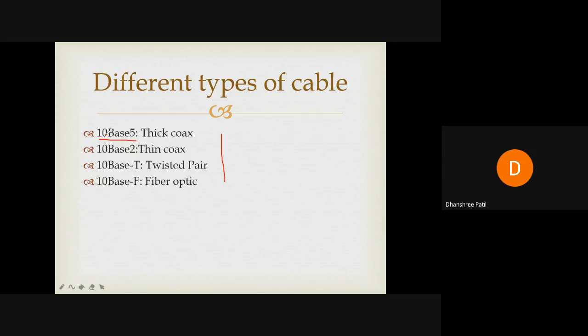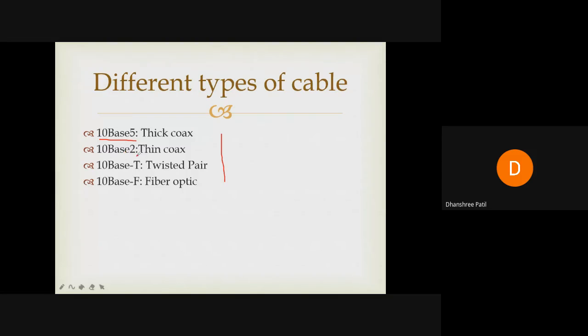What is the meaning of this? 10 means 10 mbps; it works at 10 mbps. Base means it uses baseband signaling, and 5 means it supports segments or range up to 500 meters. That is the meaning of 10 base 5.